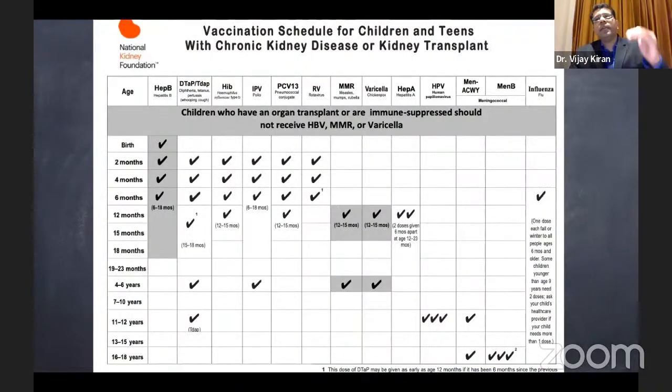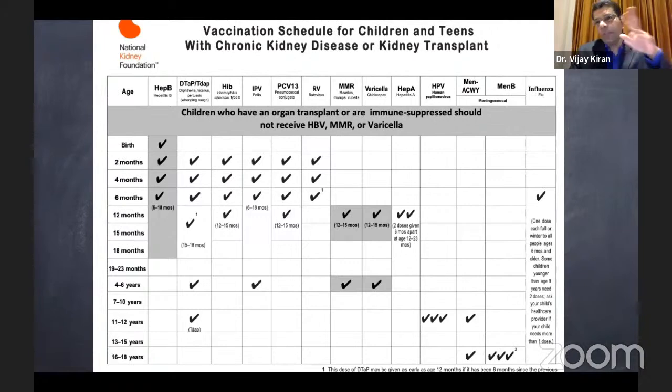These schedules are widely available. They are published by various societies, the National Kidney Foundation, and many European societies have their own transplantation or CKD vaccination schedule. So hepatitis B, DTP, HIB vaccine, IPV vaccine. Oral polio is a live vaccine and can only be given pre-transplant.